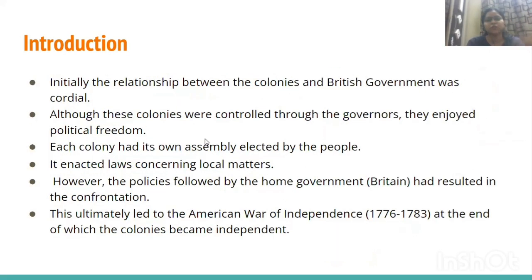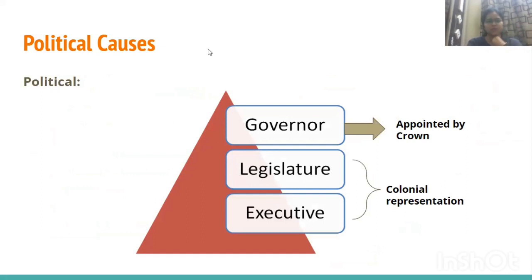Then we saw the different causes that resulted in this revolution. The first cause which we saw was a political cause. Each colony had a political setup. Each colony was ruled by a governor, like in India, where a similar setup existed: the British had colonies in Madras, Bombay, Bengal, and each was ruled by a governor. Similarly in America, each colony was ruled by a governor appointed by the British Crown.